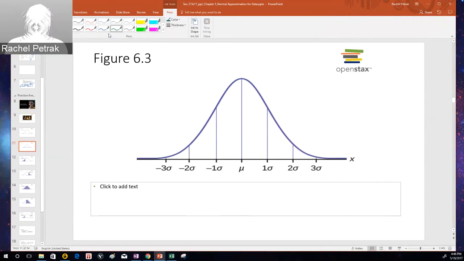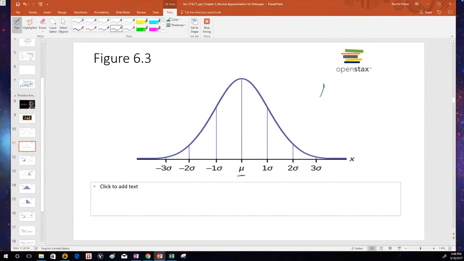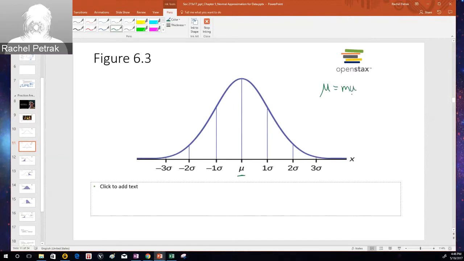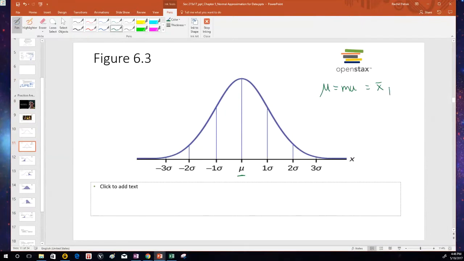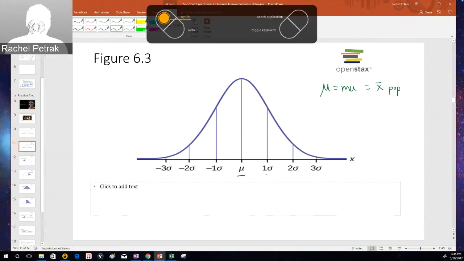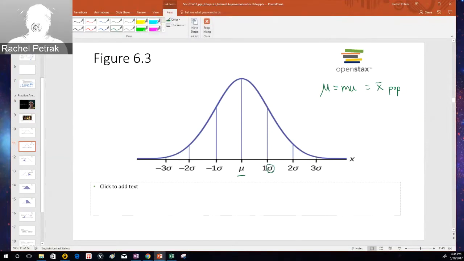So standard symbology here, which you should be aware of, is that we have this little guy here. It's pronounced mu. It's equal to the mean, specifically a population mean. We also have sigma, this one here.